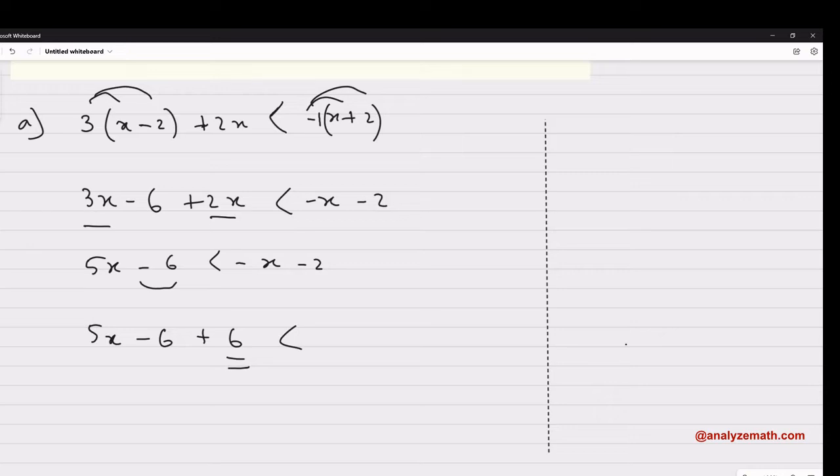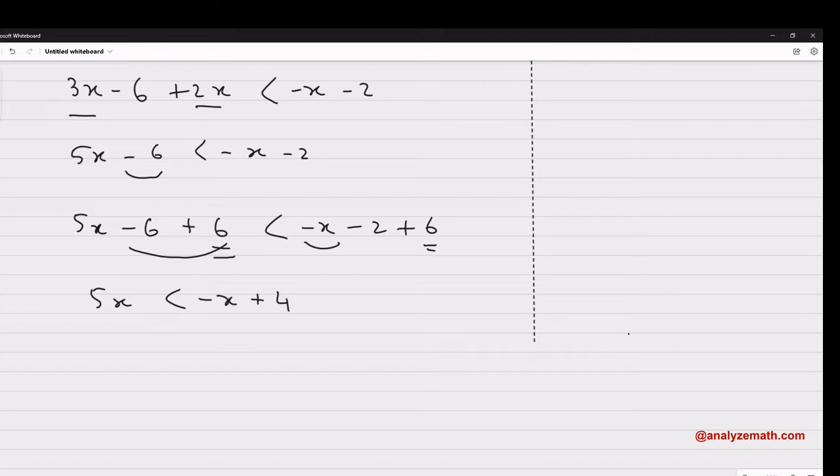When we do plus 6 here, we do the same thing here. Now we group, this gives me 0. The other side gives me negative x minus 2 plus 6, that gives me plus 4.